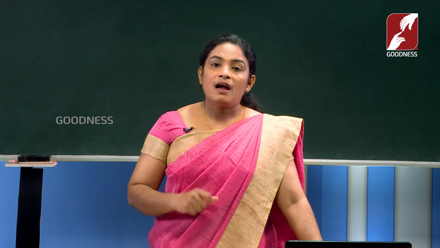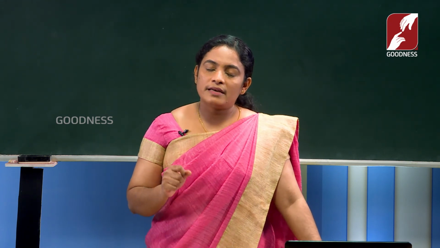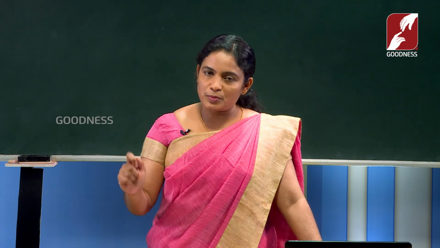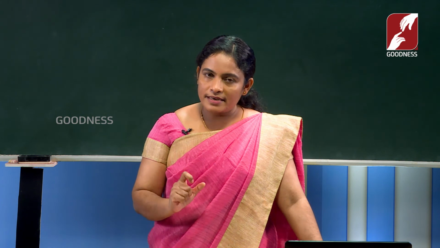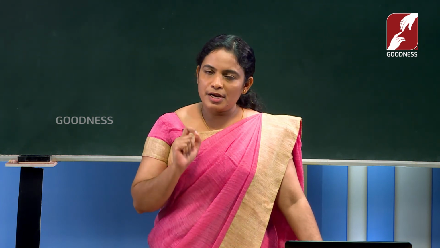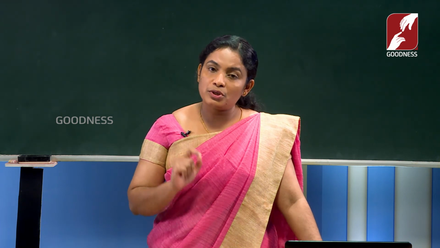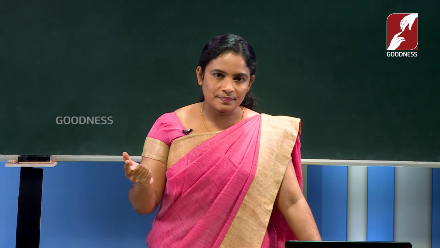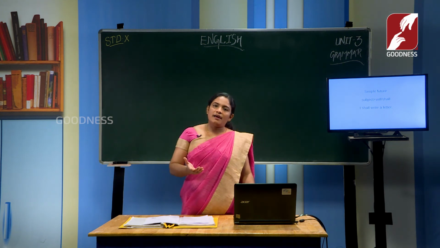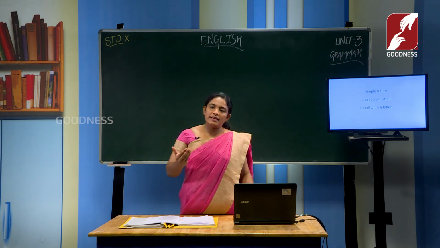For example, I am going to write an exam tomorrow. Here in that sentence I used am going to. That means the present continuous form is used to show a future action. So instead of future tense we can use the present progressive tense to indicate future.